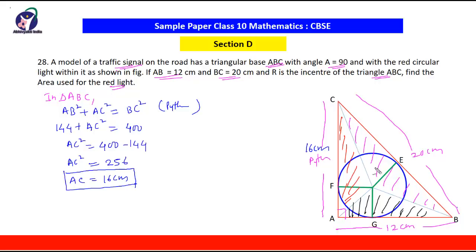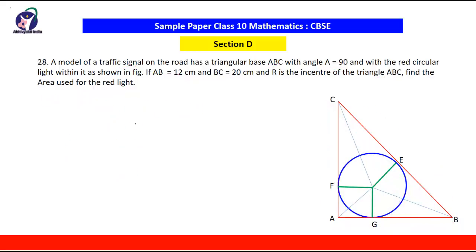The sum of the areas of these three triangles will be equal to the area of this right angle triangle. Then how will you find the area of this triangle? Area of this triangle, that is 1/2 base into height. So 1/2 base will be AB and height will be this radius. Here also 1/2 base into height, base will be BC into height will be the radius. And here also 1/2 base into height, base will be AC and height will be the radius.